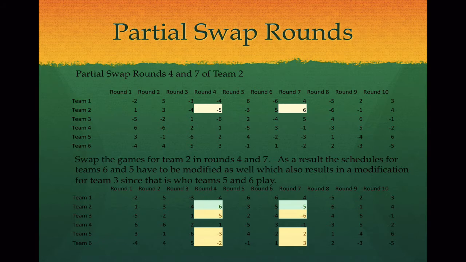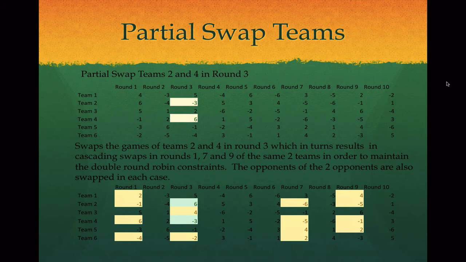Here is an example of partial swap rounds. For partial swap rounds, you take 1 team and 2 rounds, and you swap who that team plays in those 2 rounds. Now this has a cascading effect that you must modify the schedules of the 2 opponents and their 2 opponents, and so on until you get into a cycle and you get back to the original team. Here's an example of partial swap teams.